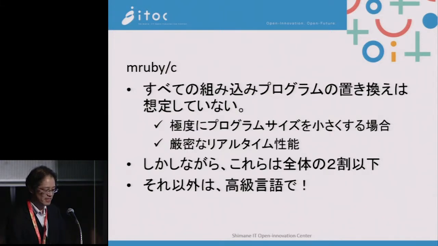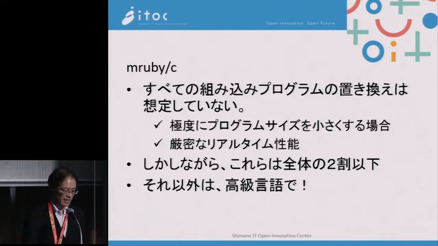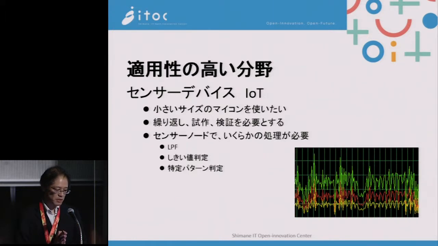We do not expect to replace all the embedded programs. But if there are some regions to be replaced, I think more than 80% can be covered, and less than 20% should be done by assembler. So I think we should make our lives easier by using the high-level language.